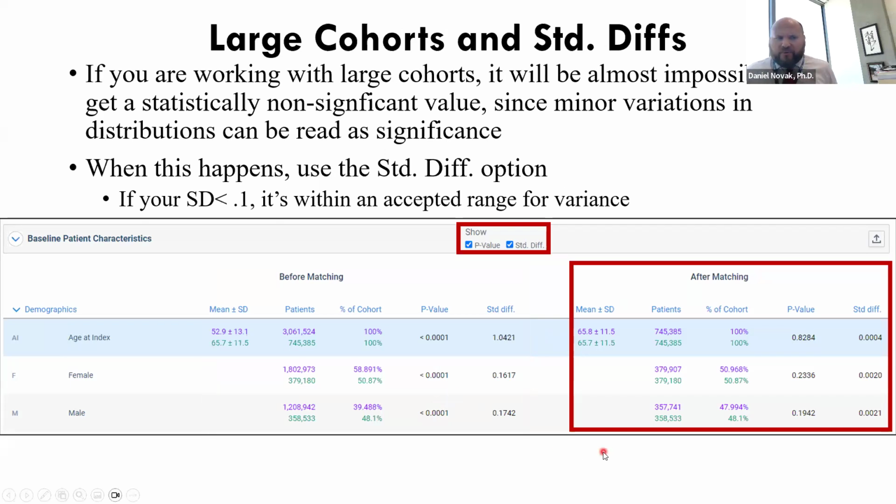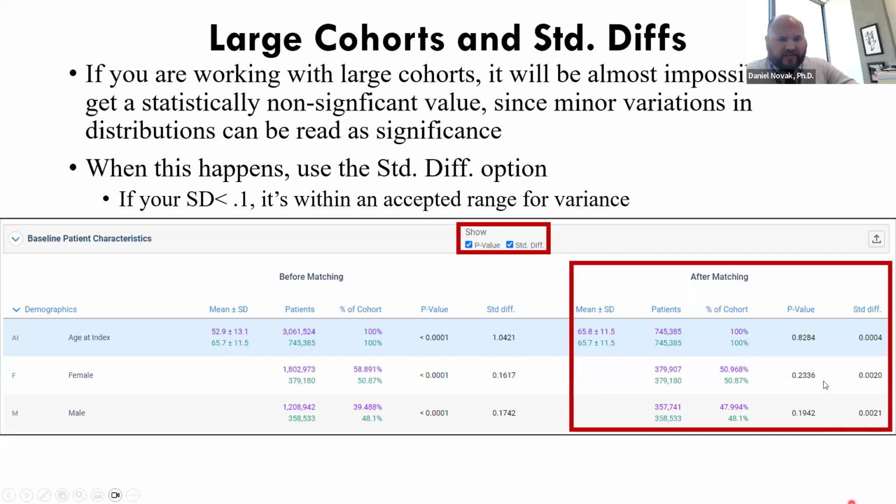What I was saying a moment ago, we want to zoom in on the idea of these large cohorts. You might be working on a cohort that has hundreds of thousands, if not millions of people in it. So if you're working with these large cohorts, it's almost impossible to get a statistically non-significant value, since really minor differences and variations in the distributions can be read by the z-test as statistically significant differences.